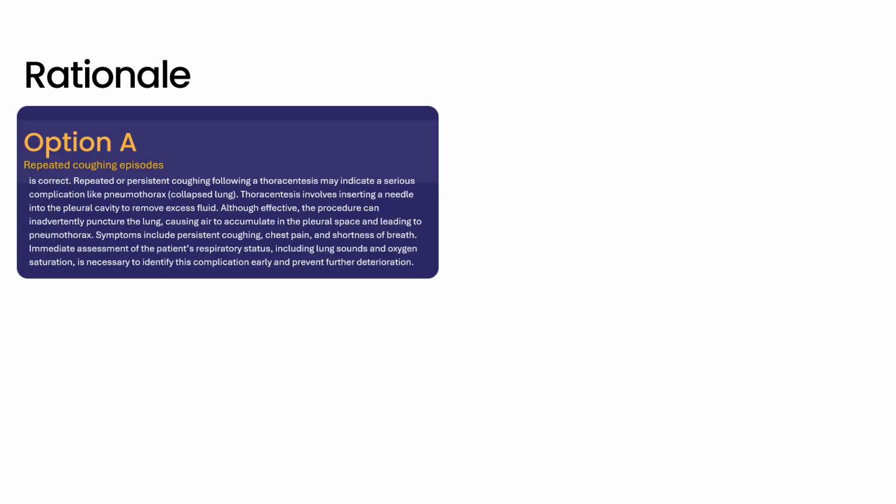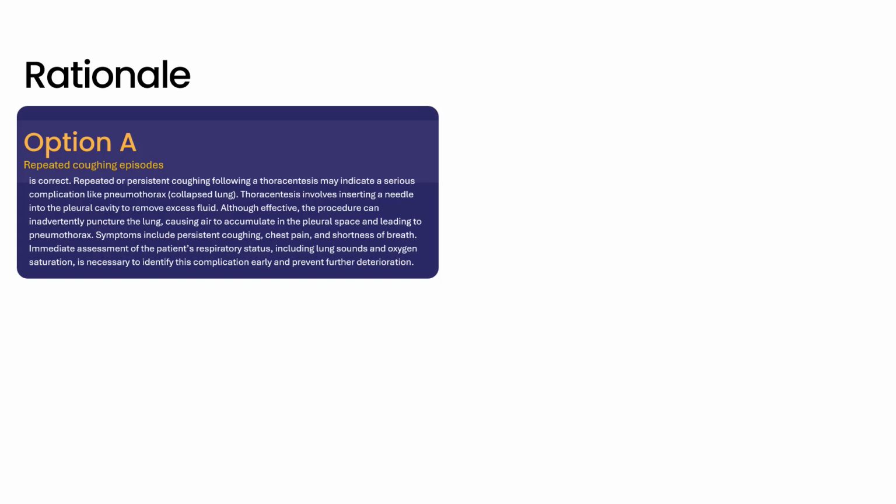Repeated or persistent coughing following a thoracentesis may indicate a serious complication, like pneumothorax, collapsed lung. Thoracentesis involves inserting a needle into the pleural cavity to remove excess fluid. Although effective, the procedure can inadvertently puncture the lung, causing air to accumulate in the pleural space and leading to pneumothorax.